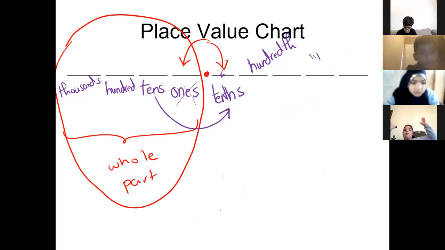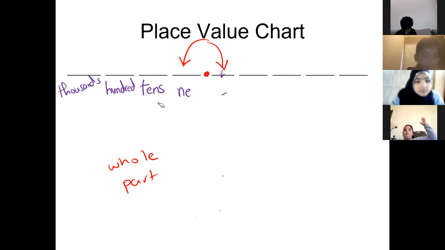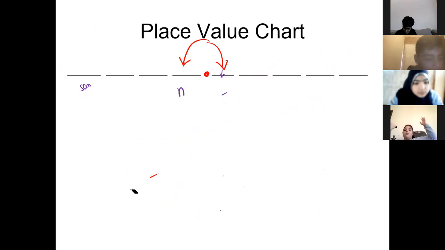Now, I will tell you why in the decimal part there is no ones and why we have to place th in the decimal part. Listen carefully.